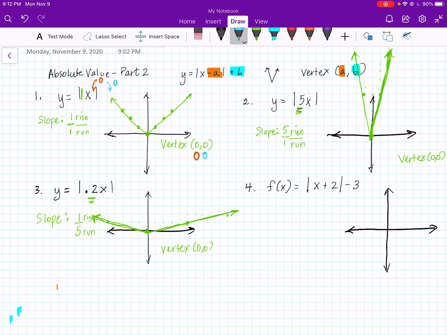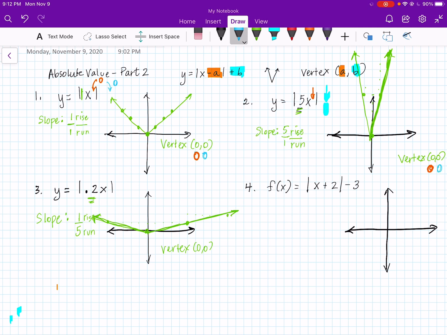Let's go to this one. Here was my equation. A is inside. What's inside right here? Nothing. It's 0. What is outside the absolute value? Because that's where it shows up, outside the absolute value. What's here? Nothing. So it's 0.